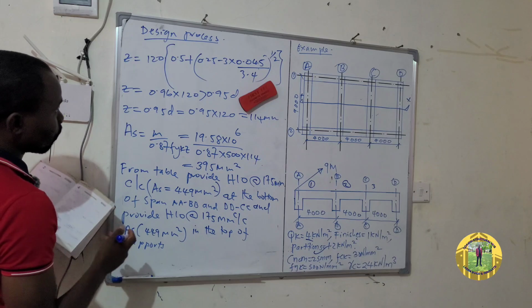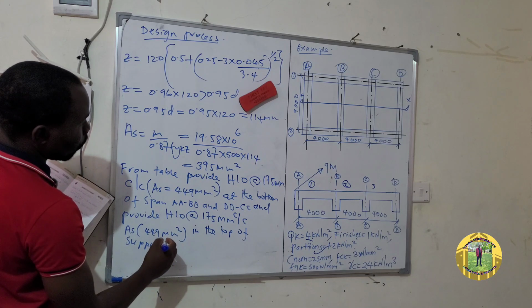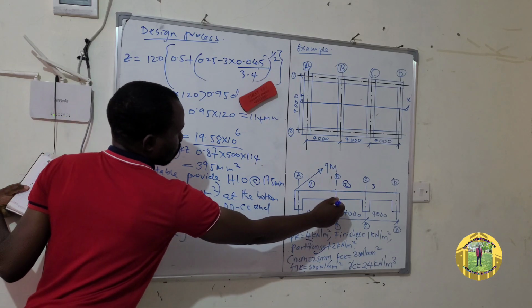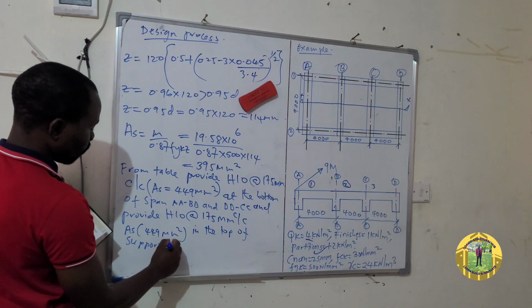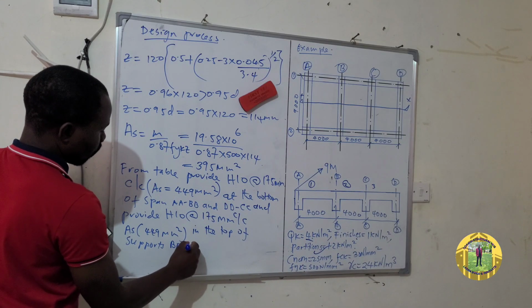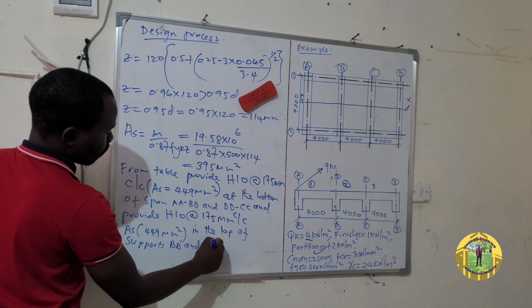In the top of supports B, BB, this support BB and CC.